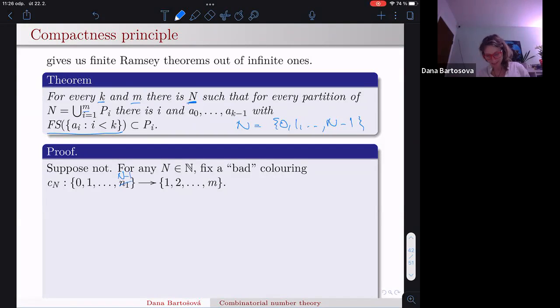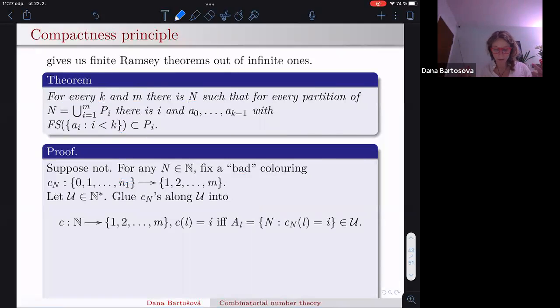So for any natural number, I can color it by m many colors so that no pre-image of any of these colors contains these finite sums of a set of size k. So this is what I mean by bad coloring. It fails the theorem. And here I'm phrasing it with colorings because I somehow feel like it's just so much easier to write than partitions. So partitions are good for something, colorings for other things, they're the same.